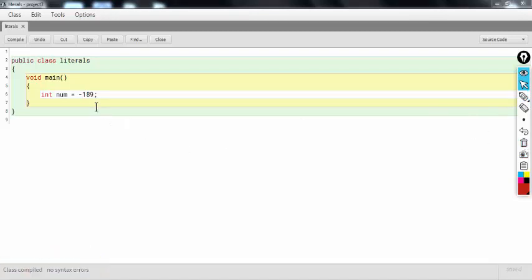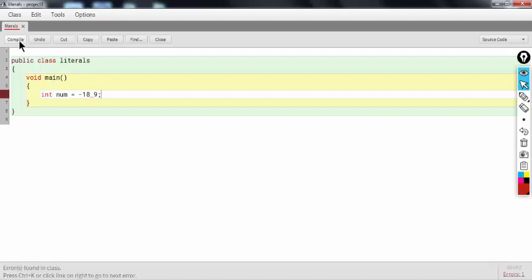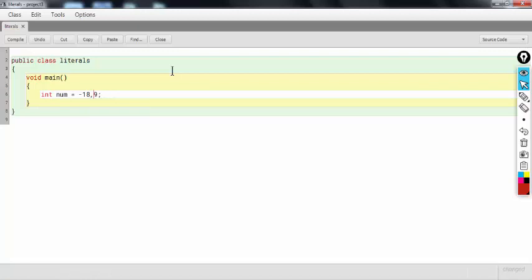Now if I try to put a space, okay, let's say 18 space 9. Okay, so notice the space after 18, I've got a space here. If I compile this, it will not compile because this is not a valid literal. Similarly, I cannot have a comma in between the digits.